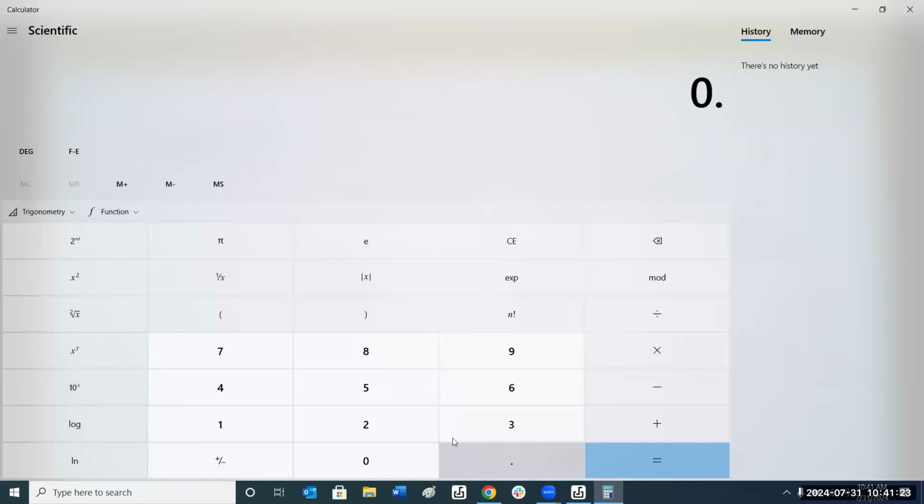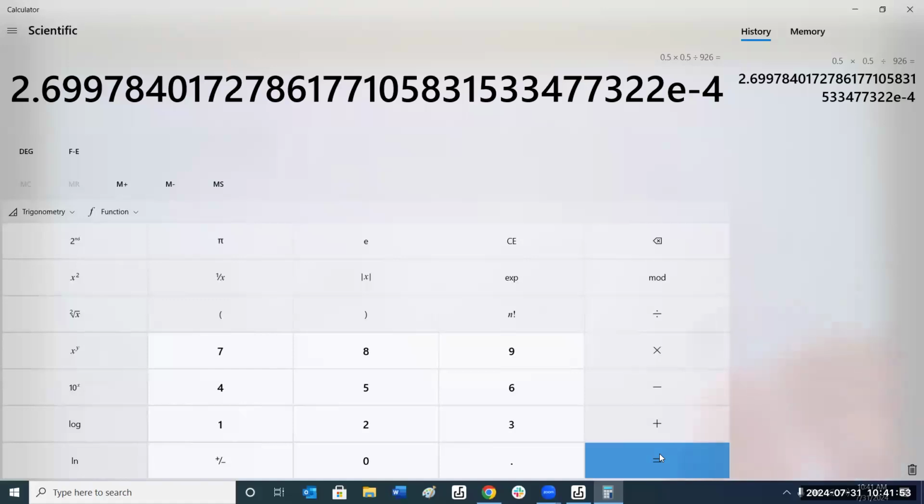On the bottom we have 0.5 times 0.5, that's 0.25, divided by 926. And then I take the square root of that.